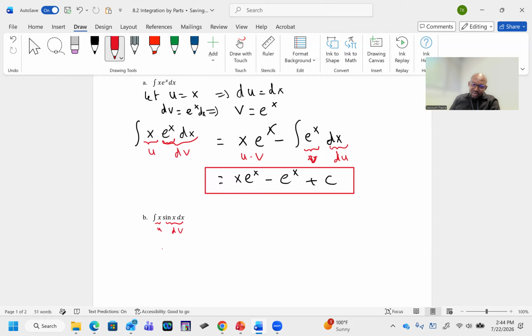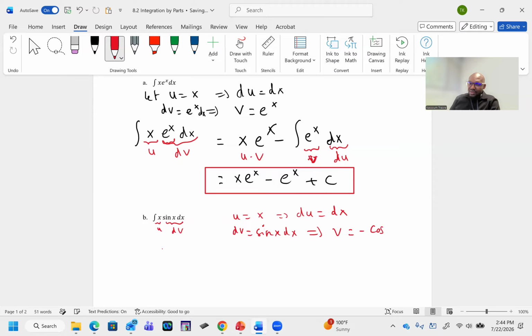So u is what? u is x, which means du would be dx. And dv is what? Sine of x dx. So that means v will be equal to, what is the antiderivative of sin x?